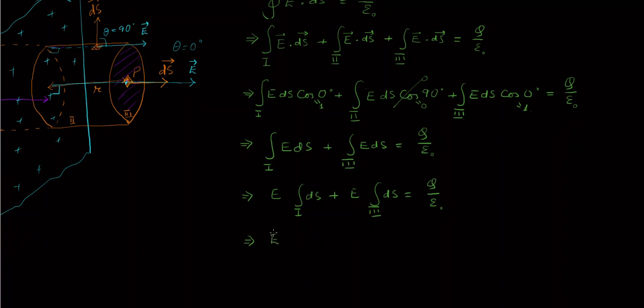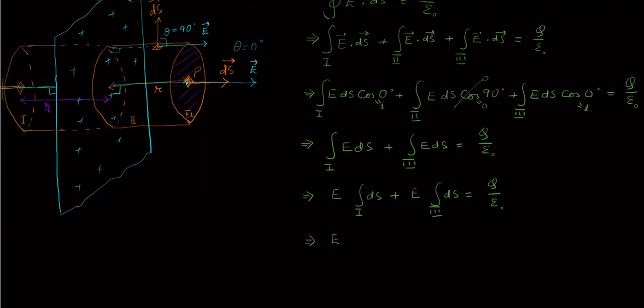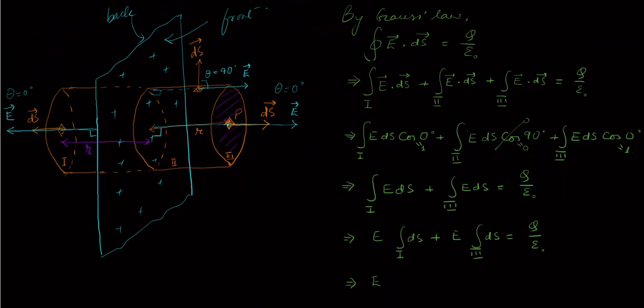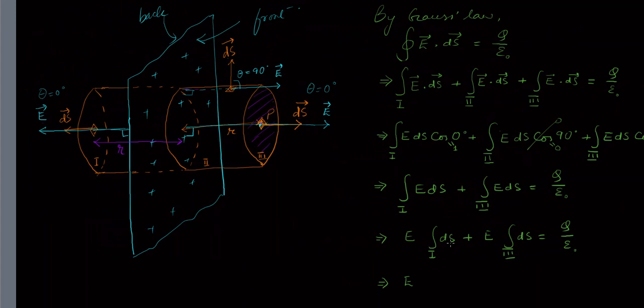Okay, I want you to look at the diagram. Just have a look at the diagram. So here in region 1, ds is this. So if you integrate this part in region 1, what will you get? You will get this entire area, right?